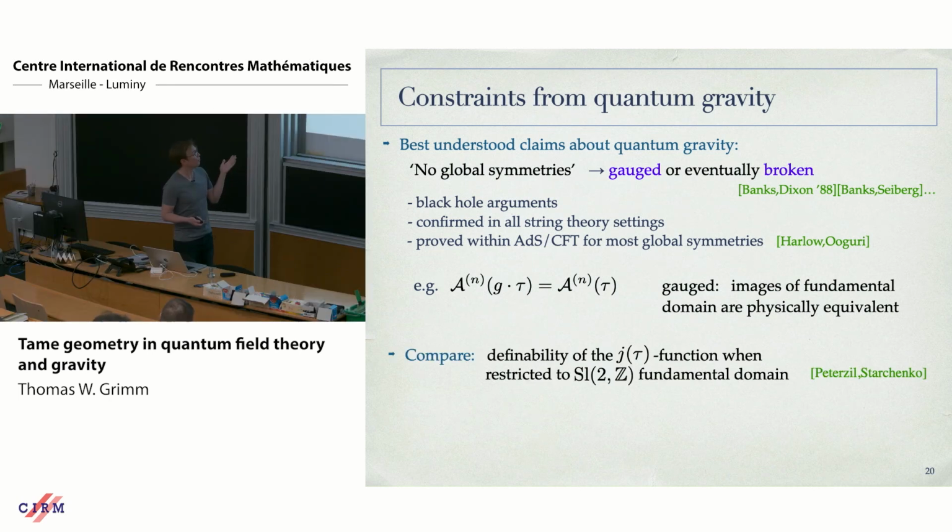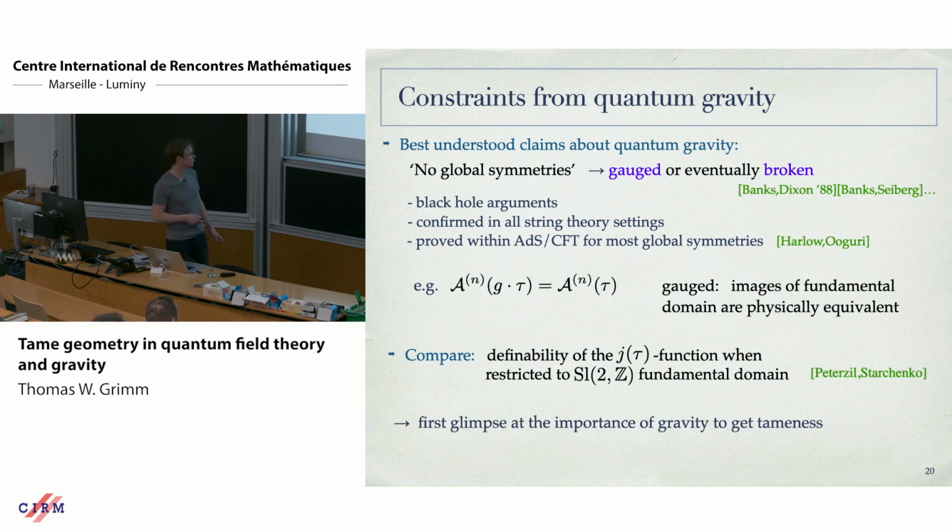And in fact, on the fundamental domain, for example, the J function, as an example of this, is a definable function. Okay? So we got already a little glimpse that tameness or minimality is something useful to have coming from a theory of quantum mechanics.